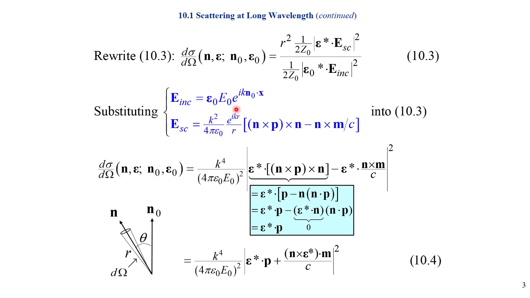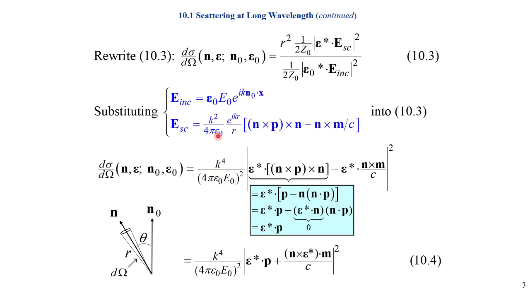So the differential cross-section coefficients: this one is simple. This one times this one will be E0. Very simple. We like it very much. And we have k to the fourth, and this one cancels, so we have r squared divided by r squared cancel.